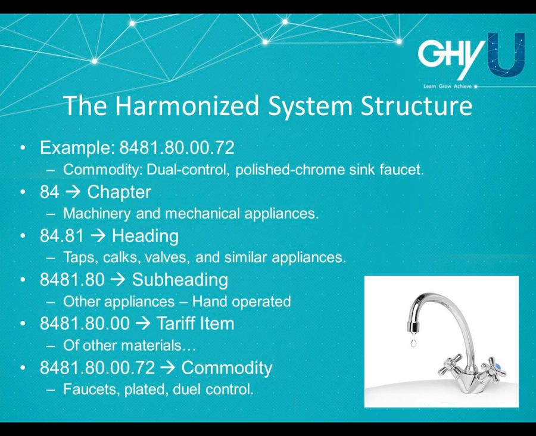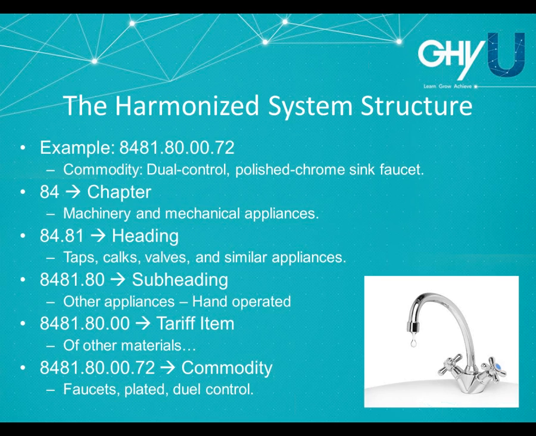So this example is found in chapter 84, which reads machinery and mechanical appliances. You drill down to heading 8481, which covers taps, cocks, valves, and similar appliances. The subheading 848180 is for other appliances, hand operated.